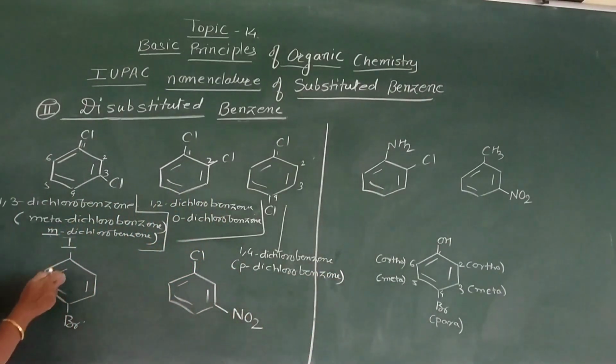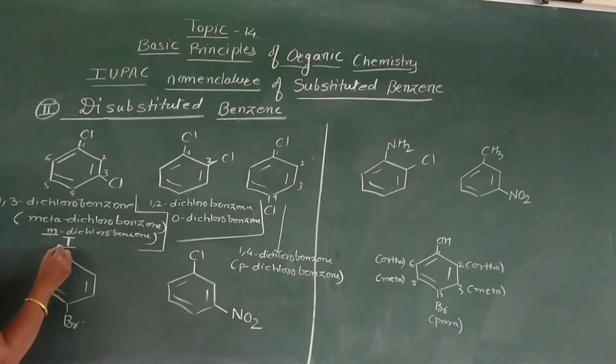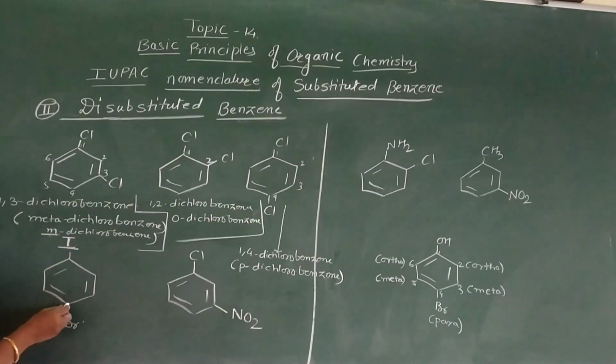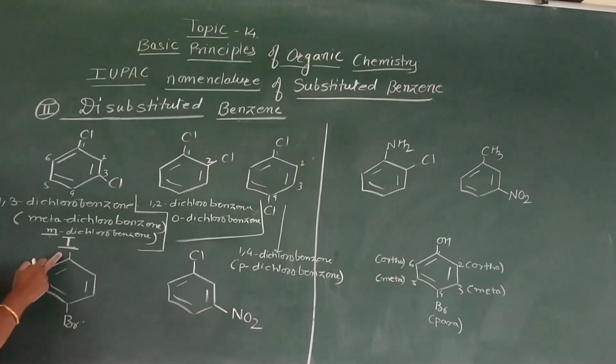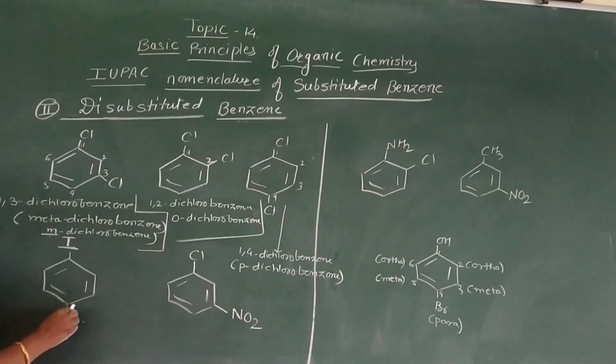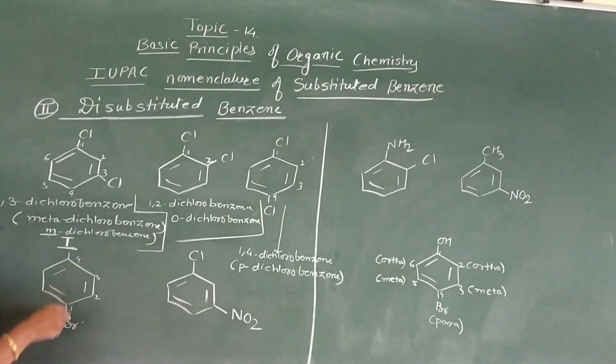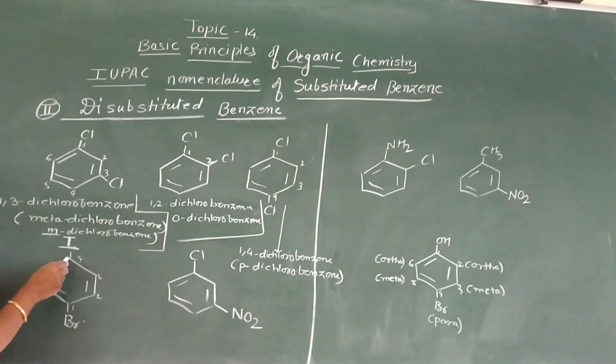Now next one. This benzene ring is bonded to bromine and iodine. Here 2 different substituents are present, so in this case the name is given alphabetically. Here there is bromine, here there is iodine. Alphabetically B comes first, then I comes.